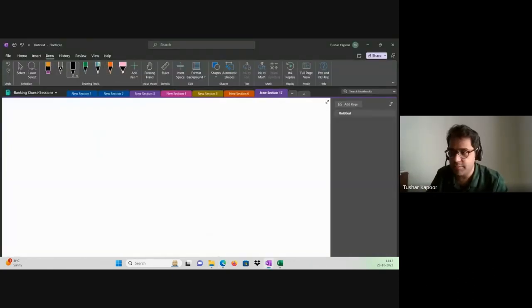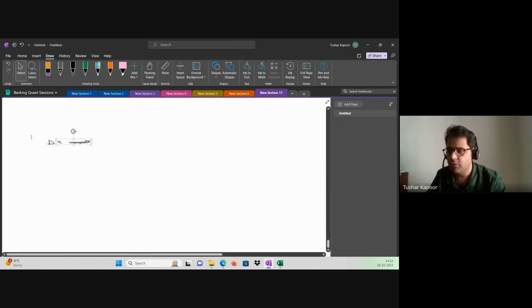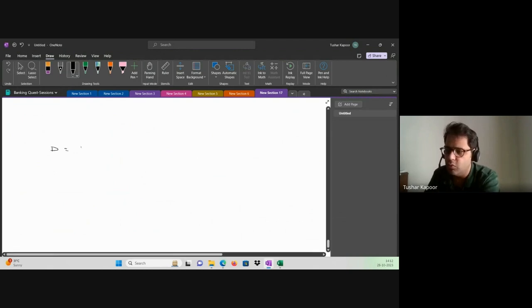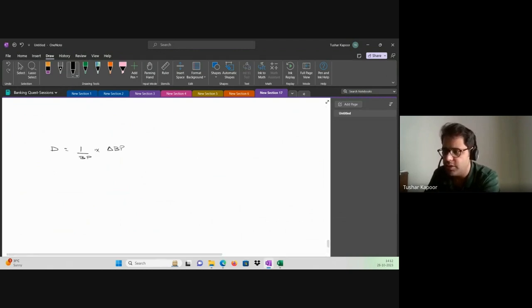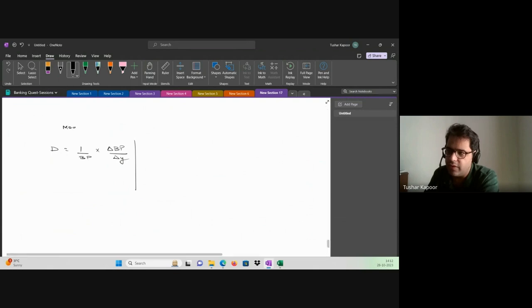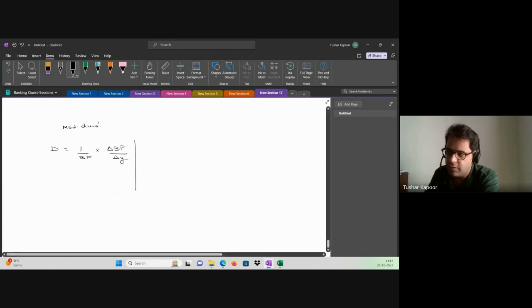So when it comes to duration, specifically, duration is equal to 1 upon bond price times the change in bond price by the change in yield, right? This is what we call the modified duration formula.